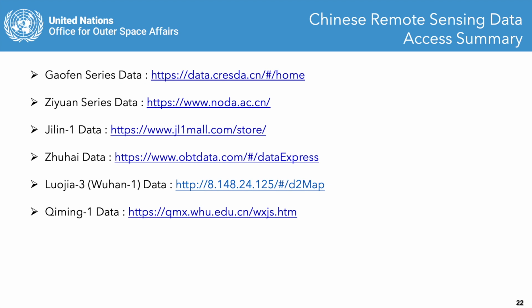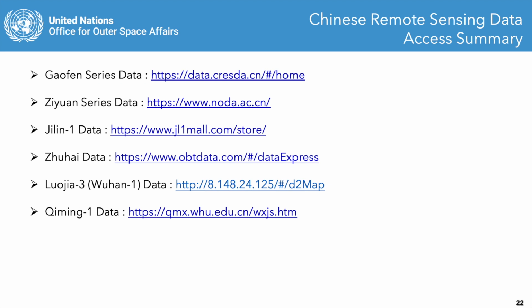To conclude, in this session, we reviewed several major access points for Chinese remote sensing datasets, including the Gaofen series, Ziyuan satellites, Jilin-1, Zhuhai-1, Luojia-3, Qiming-1, and SDG-SAT-1. Becoming familiar with the data portals can greatly expand your available research resources.